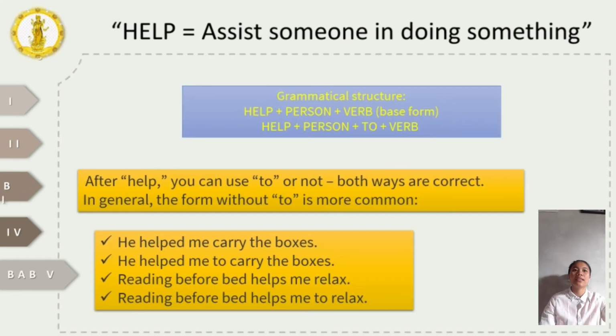Next, help. Help is to assist someone in doing something. Grammatical structure: help plus person plus verb, that's the base form, and then help plus person plus to plus verb. After help, you can use to or not, both are correct.